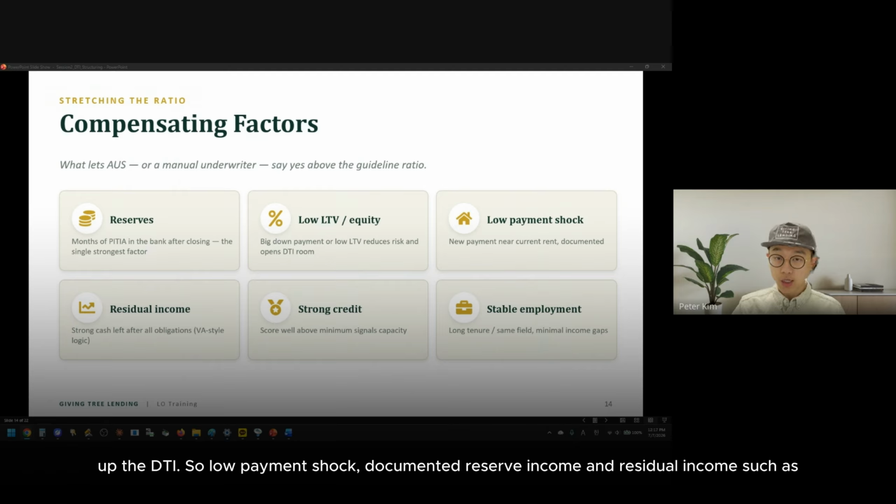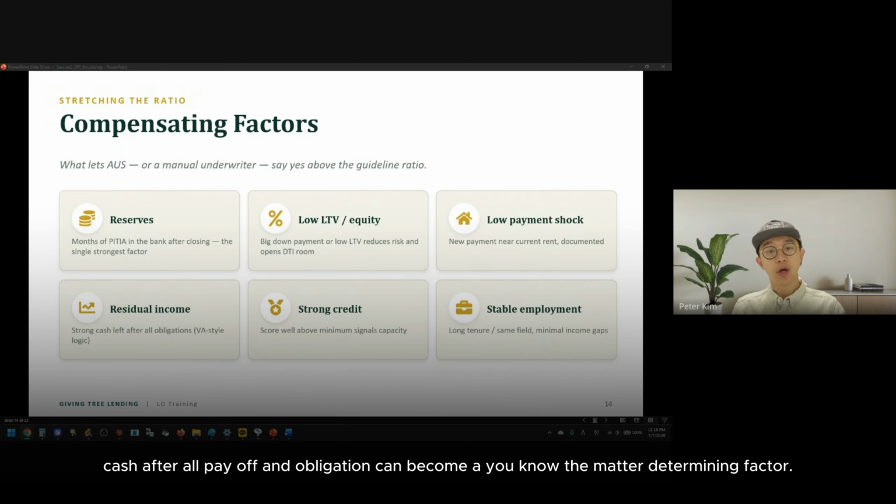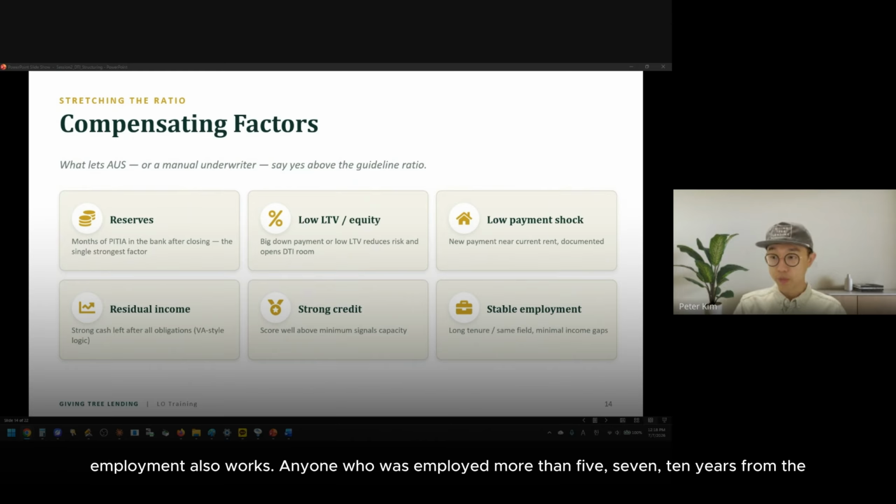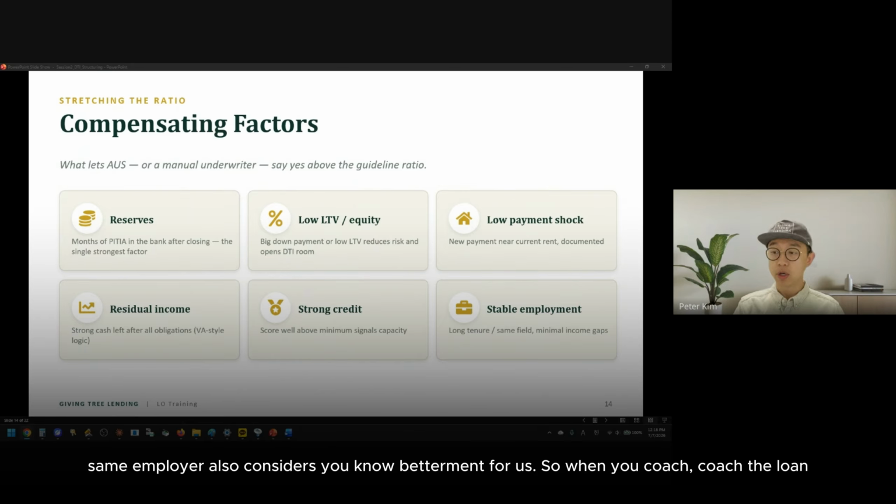Low payment shock, documented reserves, and residual income, such as cash left after all payoffs and obligations, can become the determining factor. Credit well above the minimum also outweighs rules. Stable, long-tenure employment also works. Anyone employed more than 5, 7, or 10 years with the same employer also counts as a betterment for us.